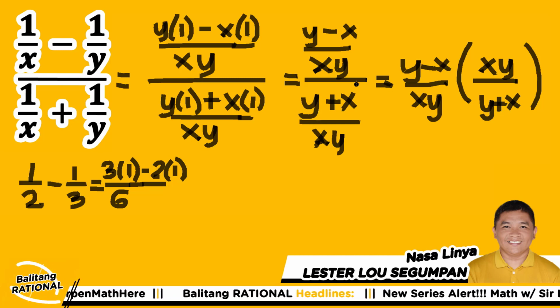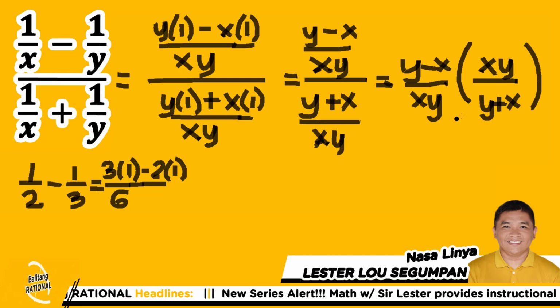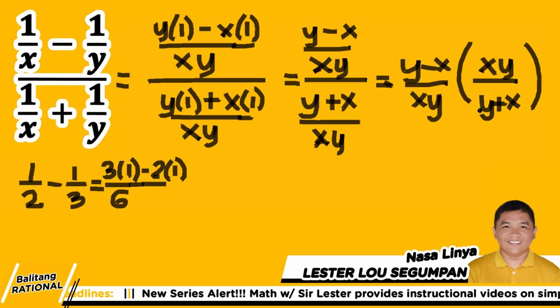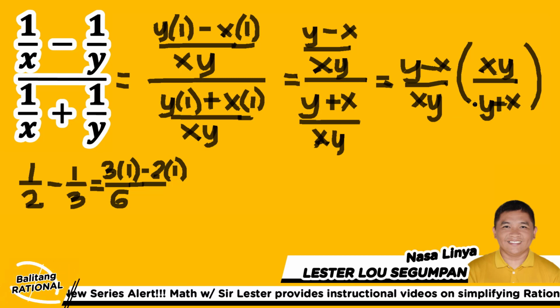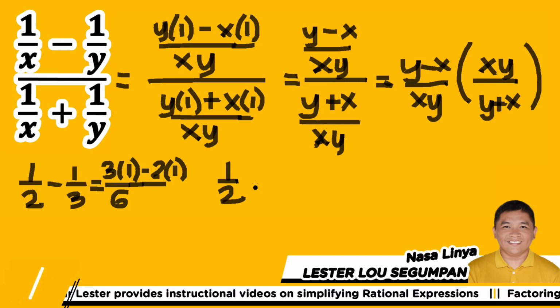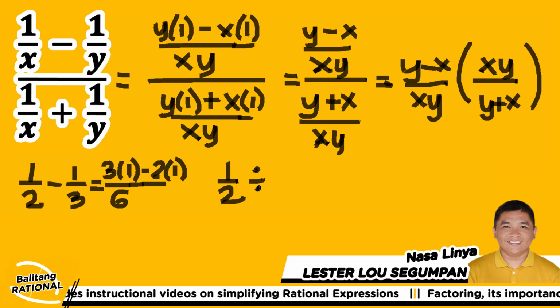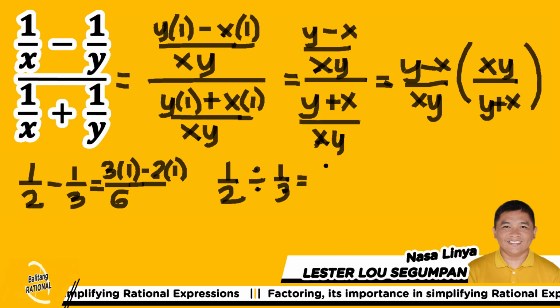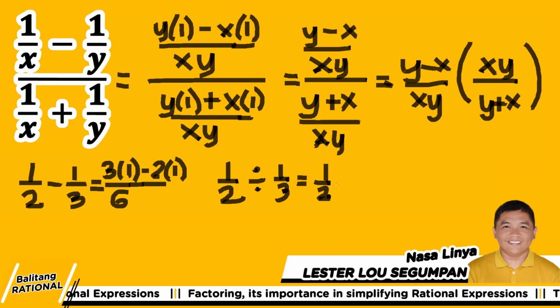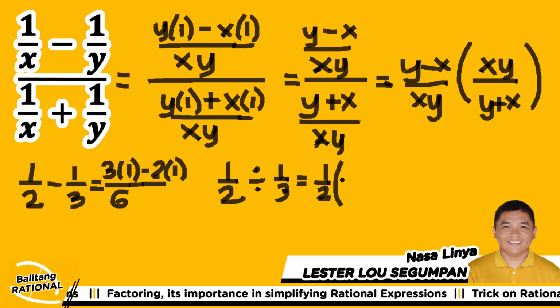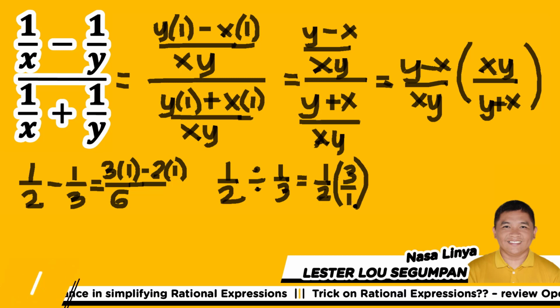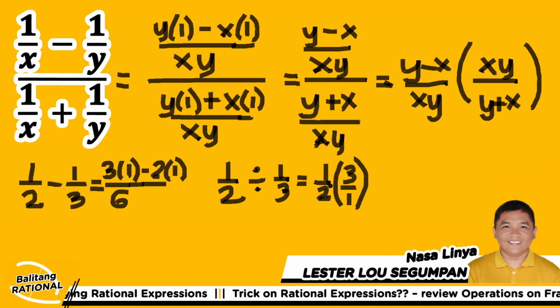So instead of dividing rational expressions, we are now multiplying rational expressions using the keep, change, flip method. Just like if you have it here, 1/2, let's say, divided by 1/3 in this form, you're going to keep 1/2 as it is, change the operation to multiplication, and reciprocate or flip your divisor. And then you proceed with your process of multiplying them.